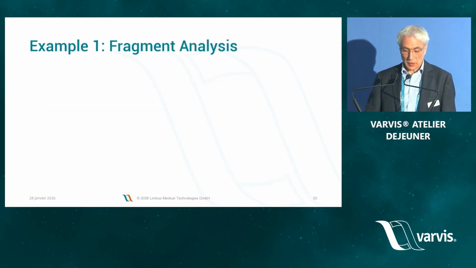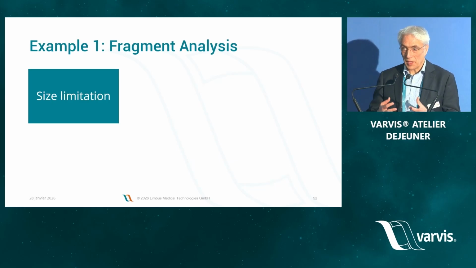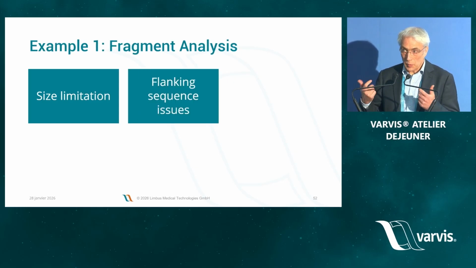Let's start with fragment analysis. I'm simply highlighting the limitations of fragment analysis. Everyone who has performed this in the lab knows that there are certain size limitations. Very long, very much expanded repeat expansions cannot be accurately detected with this method. The sequence of the flanking regions are important.